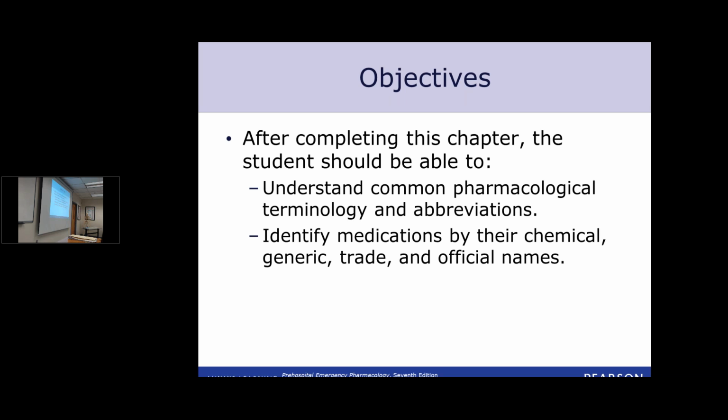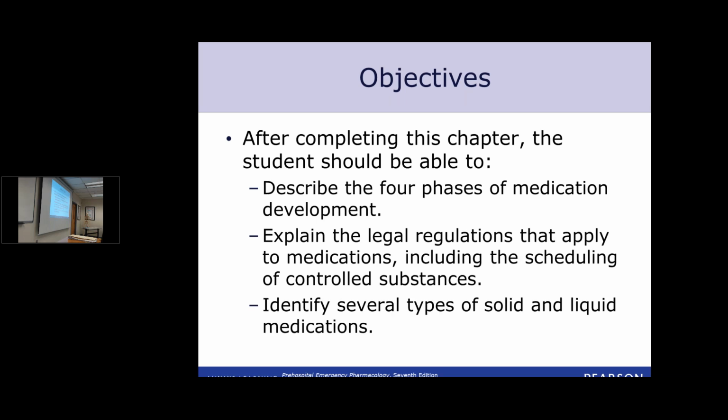We're going to talk about identifying medications by their chemical, generic, trade, and official names. Each medication out there, I don't care what it is, has 4 different names. We'll talk about the breakout of that. We're going to describe the 4 phases of medication development, that is, the clinical trials, from the day that you want to develop drug X to when it's been approved, and a follow-up study that comes afterwards.